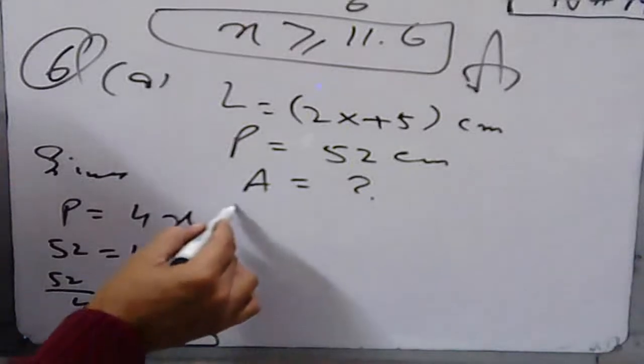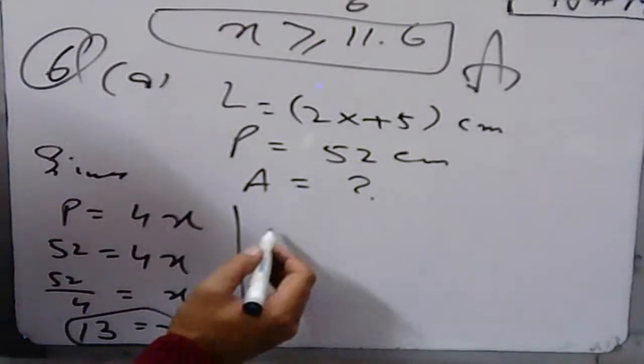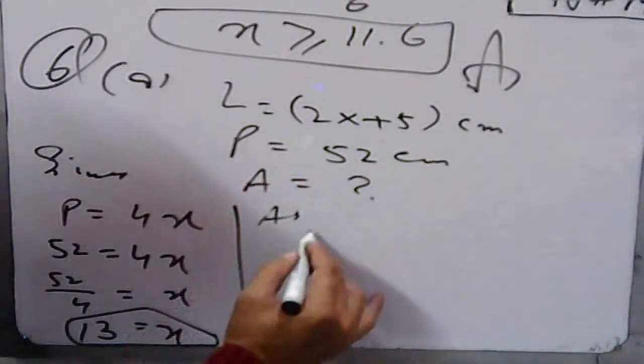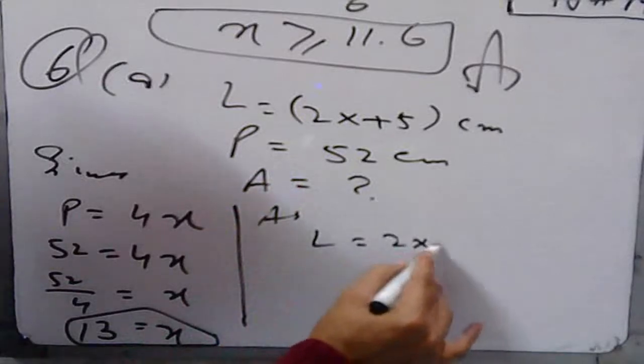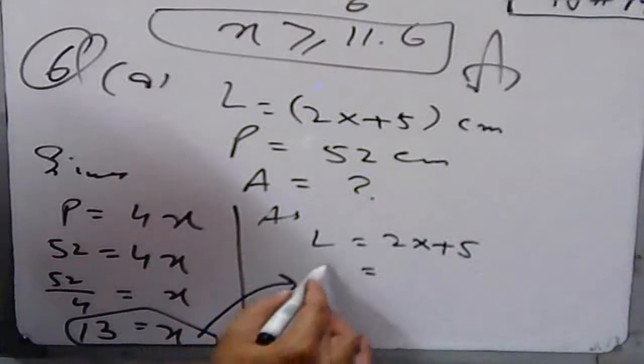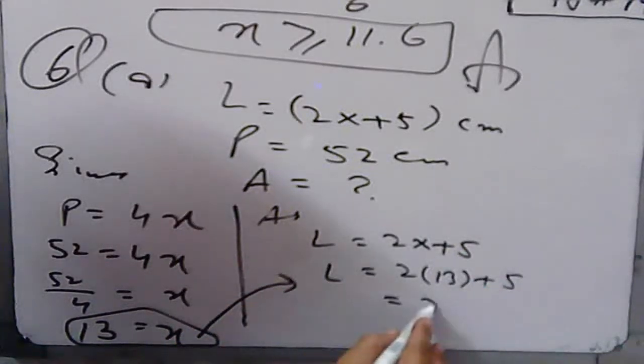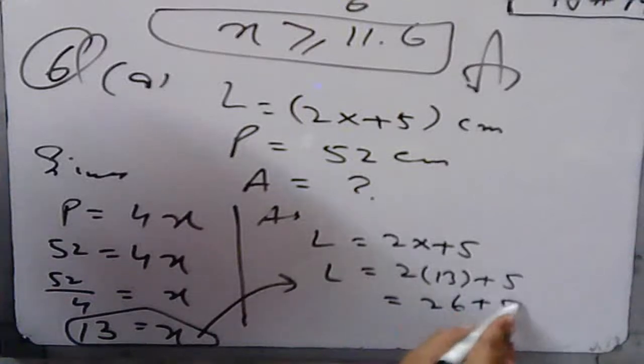Similarly, as the length is equal to 2x plus 5, this x is required, we have to put here. So putting the values here, the value of x is 13, so L is equal to 2 into 13 plus 5, you will get 26 plus 5, that is the value of L is 31 centimeter.